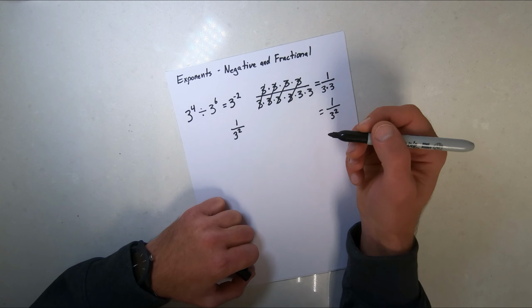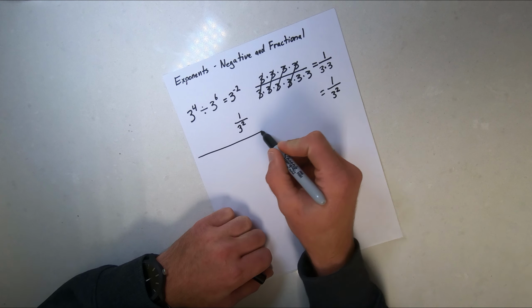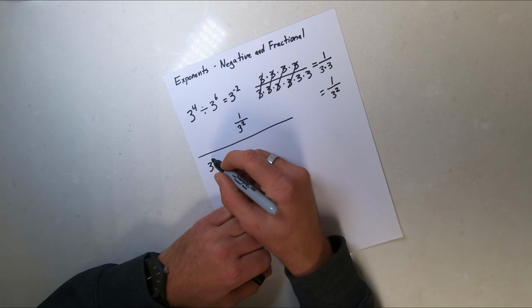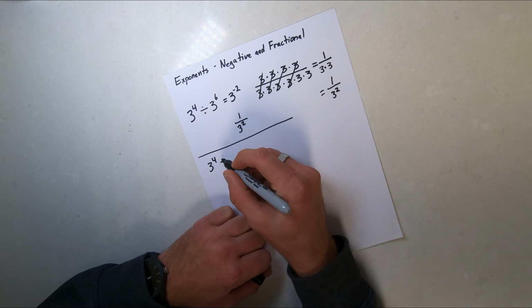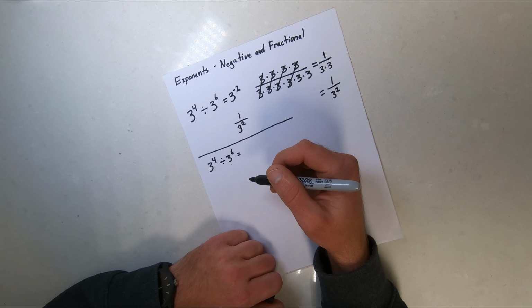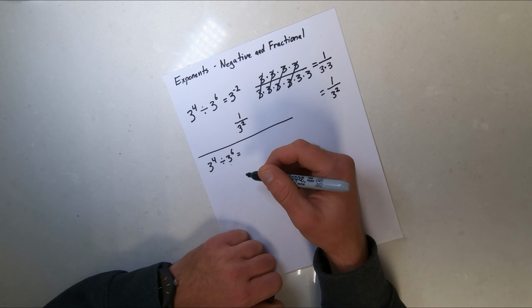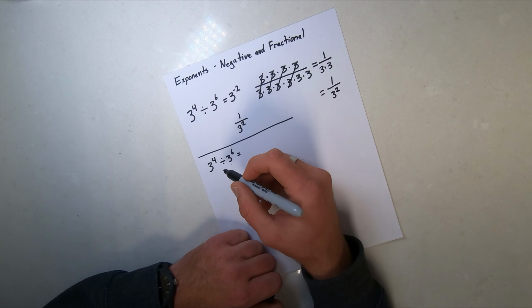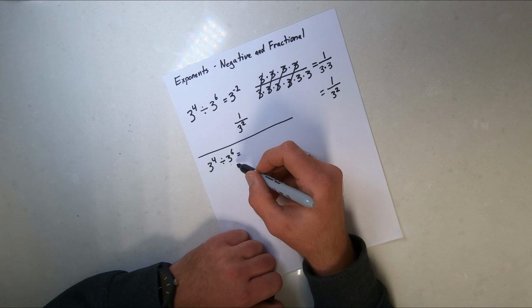We could have also worked this problem another way. Let's say we have the same problem, 3 to the 4th divided by 3 to the 6th. Given what we know about division and multiplication, we can change this division problem into a multiplication problem by multiplying this number by the opposite of this.